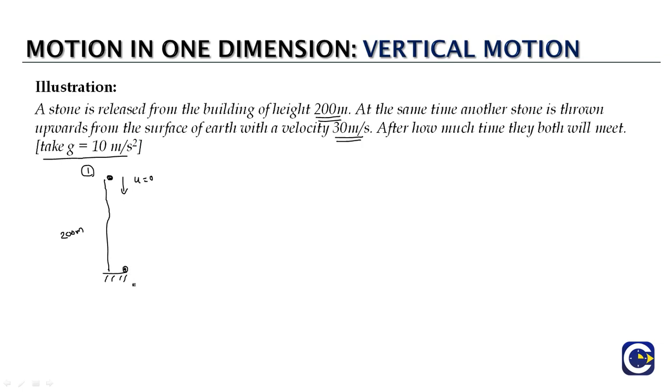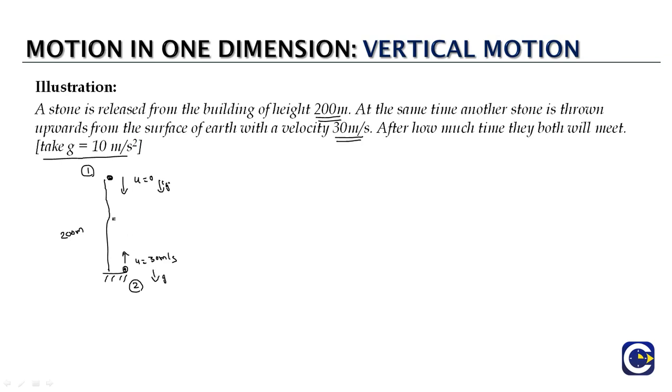At the same time, the second object is thrown upwards with a velocity of 30 meters per second. Keep one thing in mind, both of them are under the influence of gravity, which means the acceleration of the first object as well as the acceleration of the second object will be g downwards.